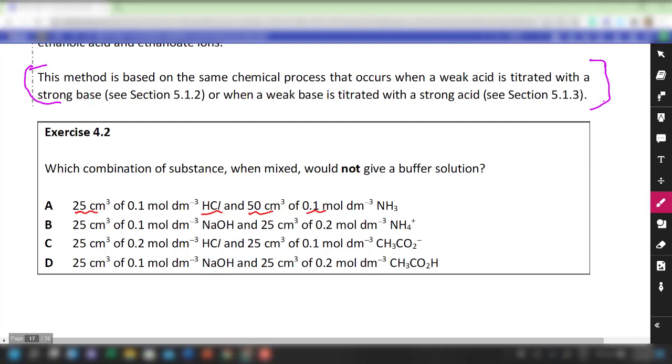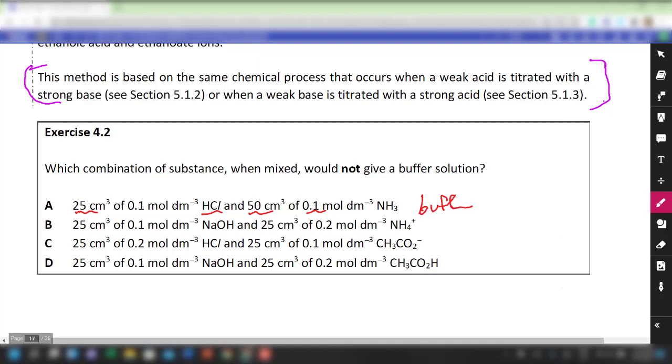So I expect to produce a substantial amount of ammonium, and the amount of ammonia remaining in the solution is also quite substantial. So this combination, you would expect it to be a buffer. Okay, so I'm going to write it down. I'm going to expect this to be a buffer solution.